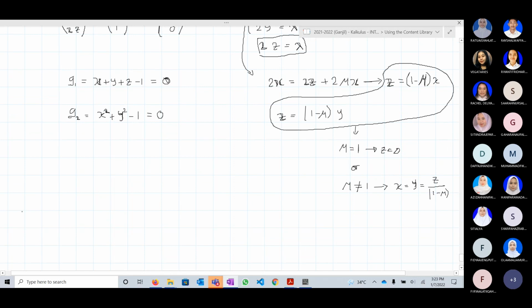Now if you have that z is equal to 0, that means from G1 and G2 you have that x plus y minus 1 equals 0, and x squared plus y squared minus 1 also equals 0.